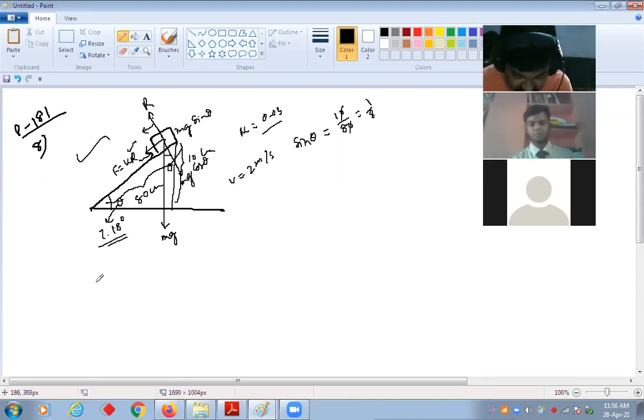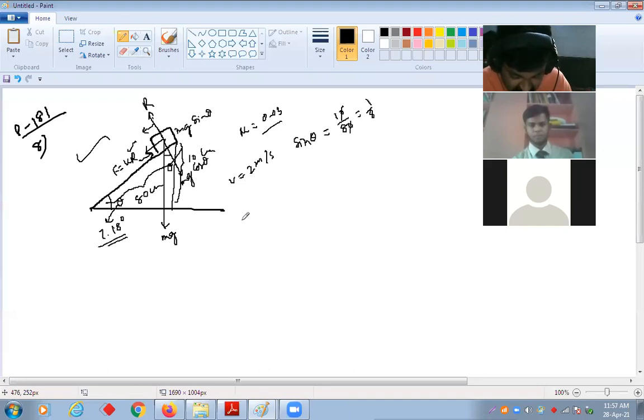The box is traveling at a speed of 2 meter per second, which means in 1 second it came down 2 meter. When it reaches the bottom of the ramp, but here no hints are given. The ramp rises 10 centimeter for every sloping.